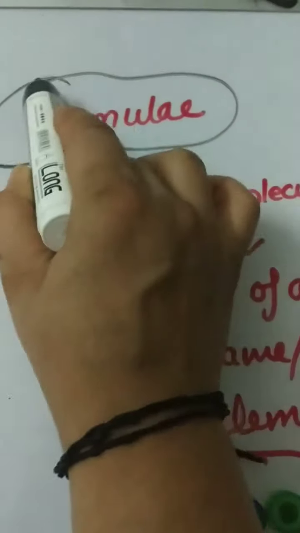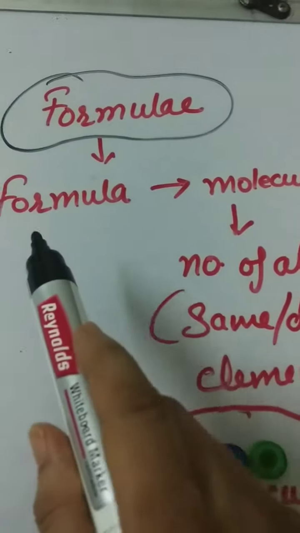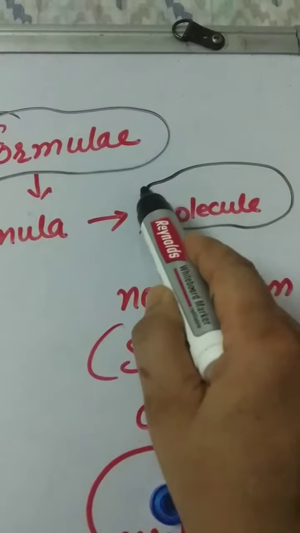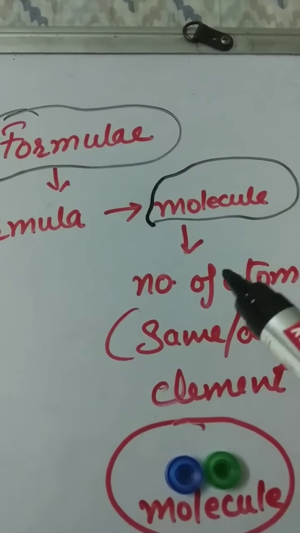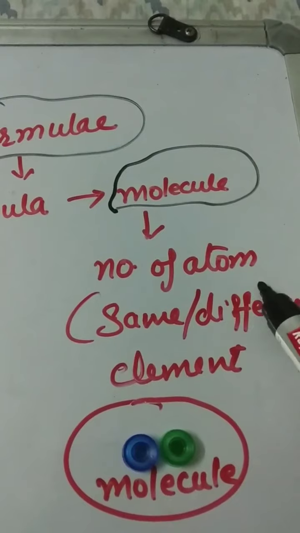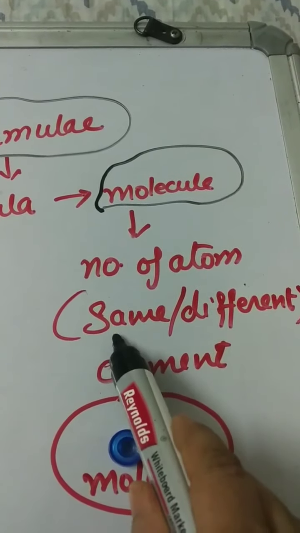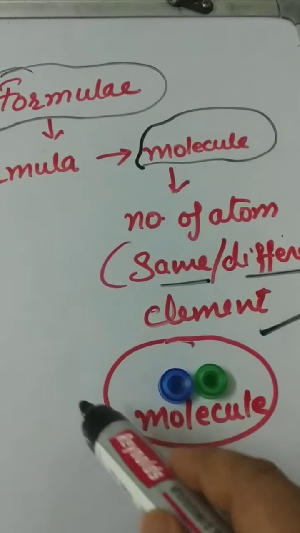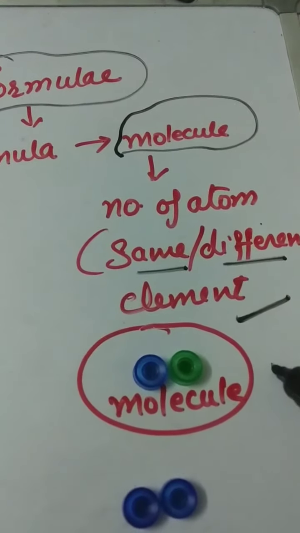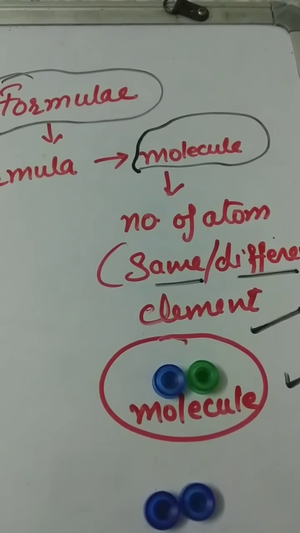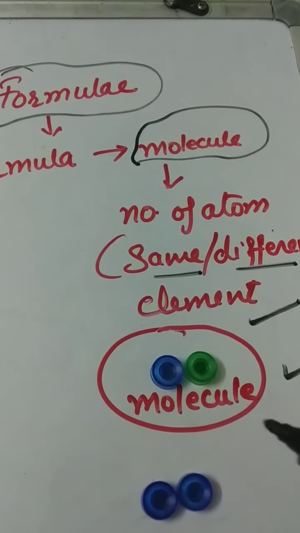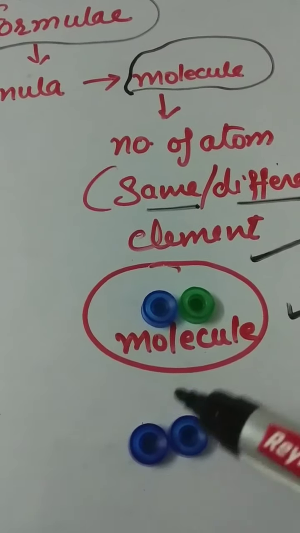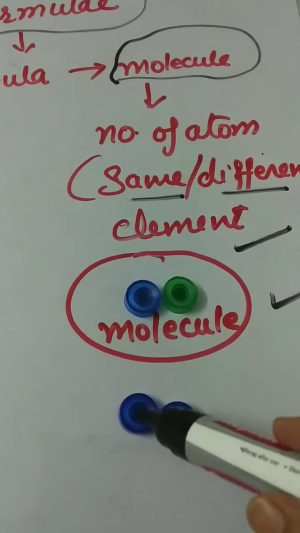Formulae. What is a formula? The formula of a molecule gives the numbers of atoms of the same or different elements present in a molecule. In other words, it tells how many atoms of elements have been combined together to form a molecule.